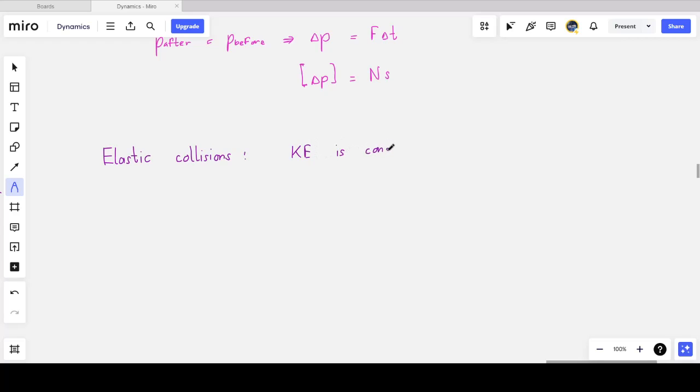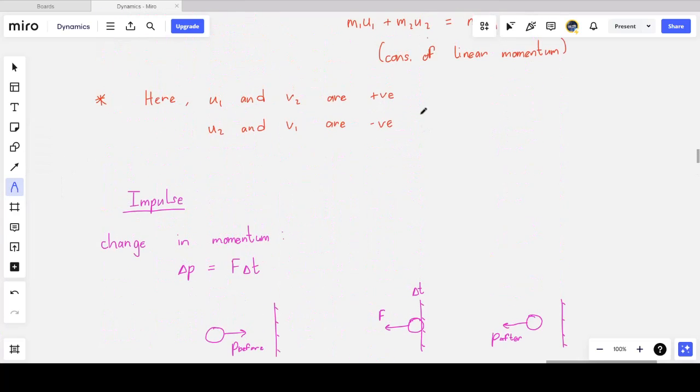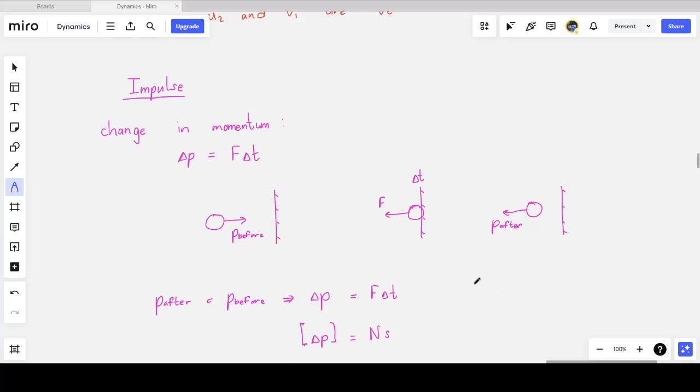Now remember, we said that the ball hits the wall and then it moves back and momentum is conserved. Now momentum might be conserved, but it's not true that the kinetic energy will be conserved. The ball moves towards the wall, hits the wall and rebounds. It may not go back as far as it started.